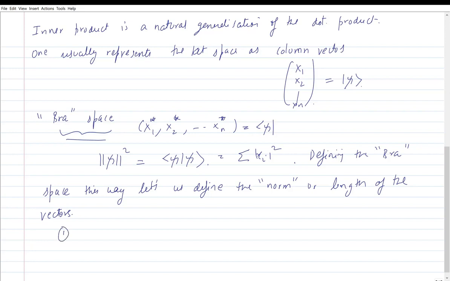So you have the properties which you already know: linearity of the inner product.